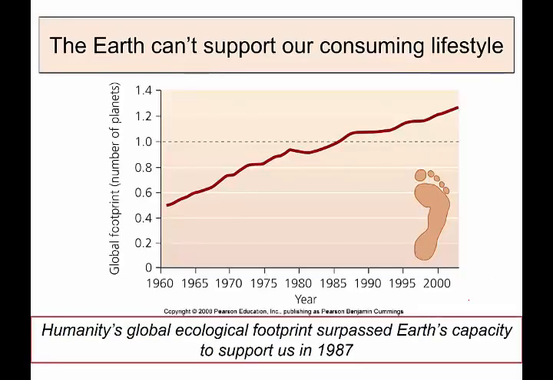Now remember, the carrying capacity of the Earth is limited. And in this particular diagram, you can see the years on the x-axis and the global footprint on the y-axis. And this is what some people predict the carrying capacity of the Earth to be. Some people have calculated that the carrying capacity of the Earth is 1 billion humans.